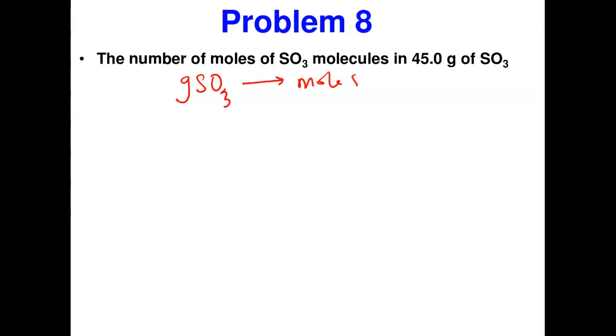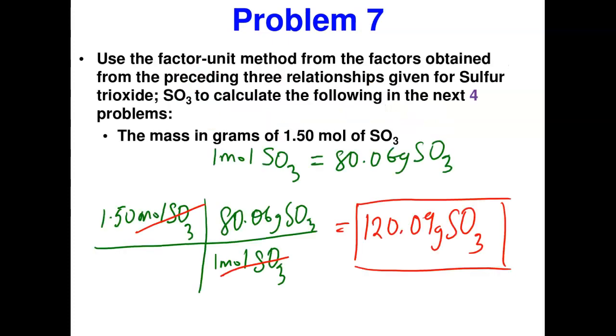Moles of SO3. Again, we need a relationship between them. Of course, 1 mole of sulfur trioxide, this is the conversion, weighs this mass. This is the same that was used in the previous problem. The difference is that last time we looked for the mass, now we're looking for the mole.